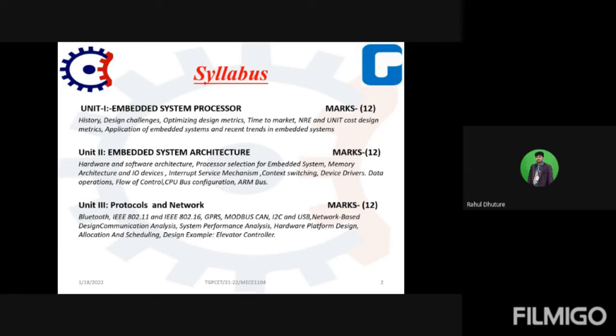Second thing is that in unit number three, protocols and networks, meaning when we have to design the hardware and software, at that time we need different types of protocols and different types of networks. Using these protocols and networks, we can configure the embedded system along with the software.